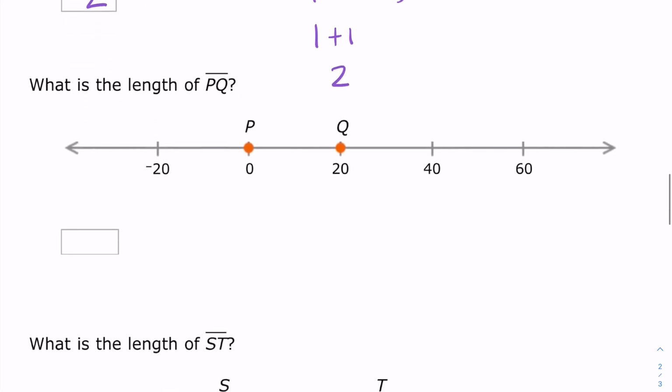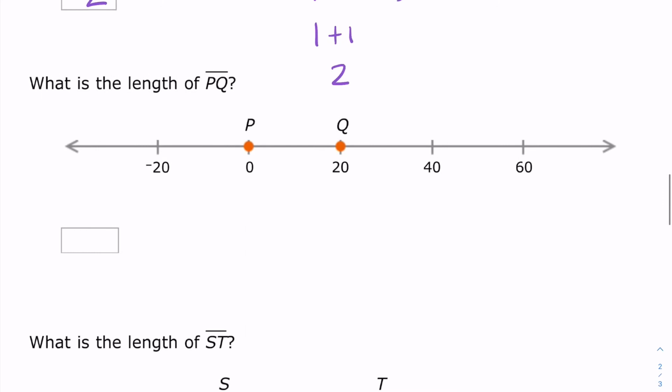Alrighty. Let's check out this next one. 1, right? Be careful, it's not 1. Take a look. It's how many? Well, it's not 1, but it's 20. And why? Because it's jumping over by 20 full units. So we have to make sure that we account for that change. It's not just changing by 1, it's changing by 20.